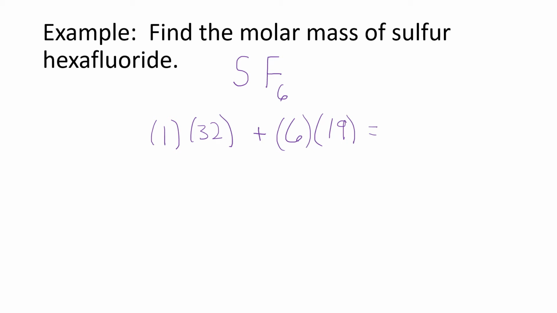And that gives me a molar mass of 146. When we put units on this, there are 2 units that are acceptable. One is just plain grams, or the other thing you can say is grams per mole. So either grams or grams per mole are acceptable units.